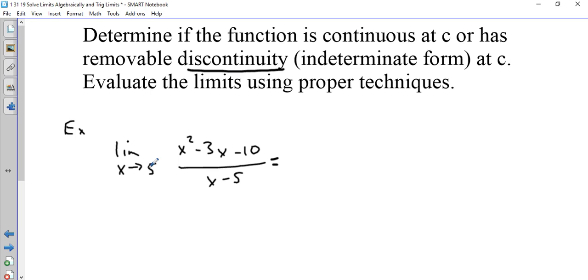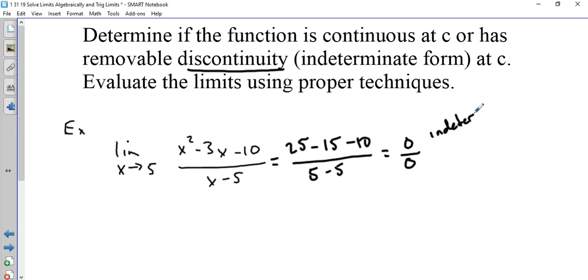If I plug in 5 into here, I get 5 squared, 25, minus 15, minus 10, all over 5 minus 5, and what we have is 0 over 0. This is what we call indeterminate form.